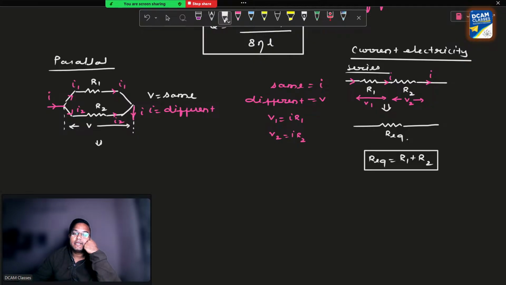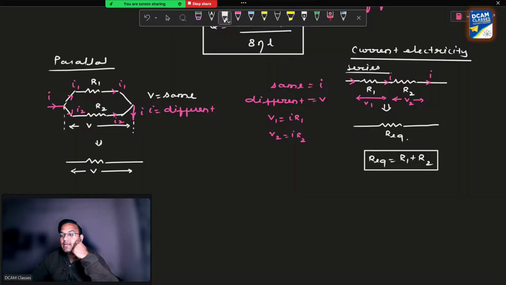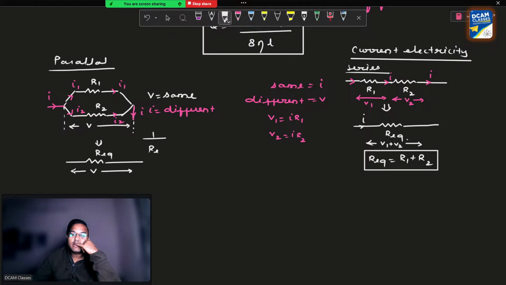Now if we replace it with some resistance R equivalent, voltage across it will be V. Here voltage will be V1 plus V2. This R equivalent is given by 1 by R equivalent is equal to 1 by R1 plus 1 by R2.